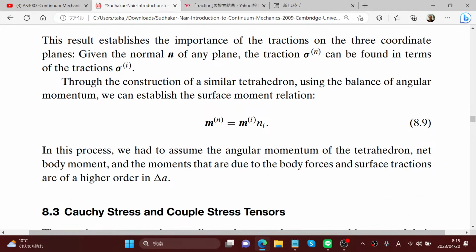Through the construction of a similar tetrahedron using the balance of angular momentum, we can establish the surface moment relation, something like this. In this process, we have to assume the angular momentum of the tetrahedron. Net body moment and the moments that are due to the body forces and surface tractions are of a higher order.